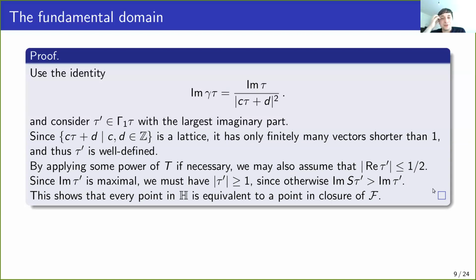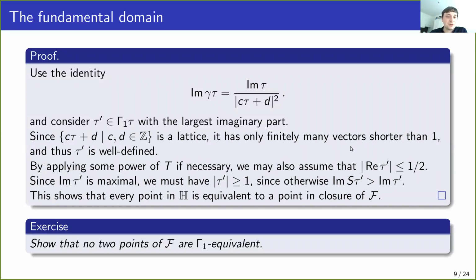So this shows the first part, that the gamma 1 orbit of any point in H intersects the closure of F. And the second part is also not very hard, but I leave it as an exercise.